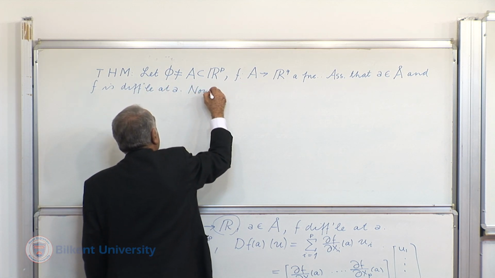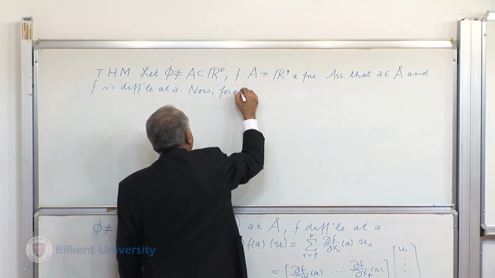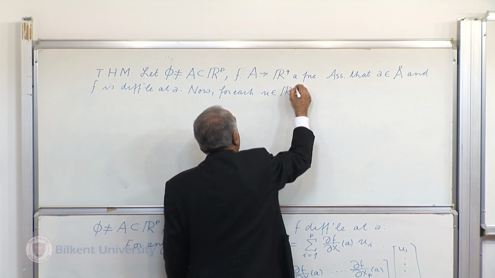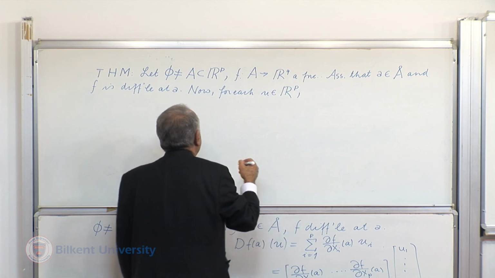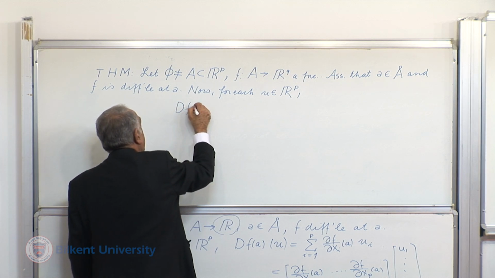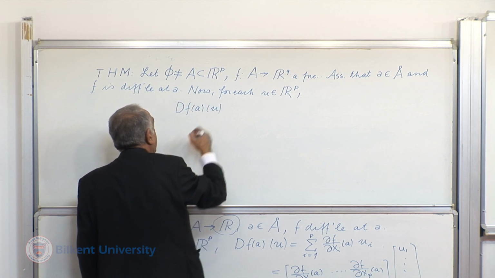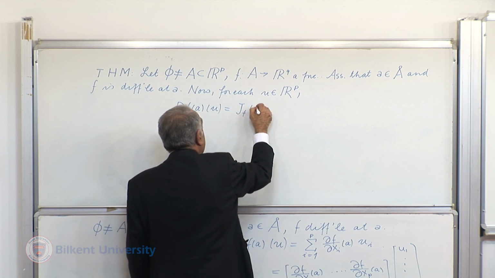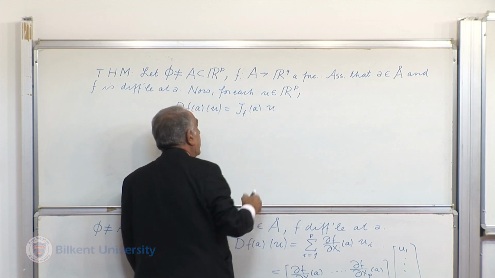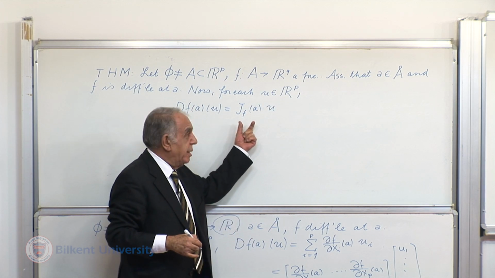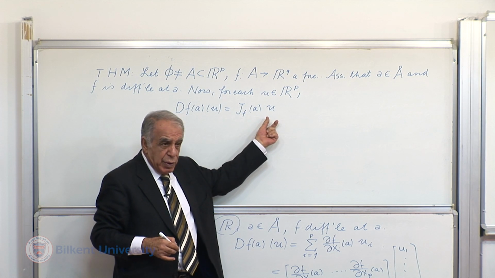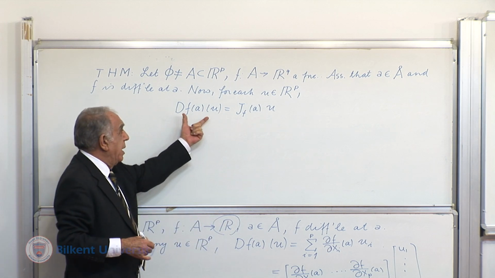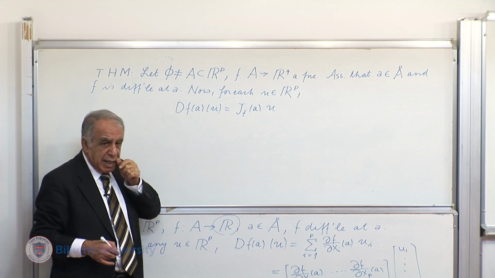Now, for each u in R^p, we have that the derivative of f at a evaluated at u is simply the matrix product of J_f(a) with u, where this u is a column matrix, but then it yields a column matrix as well.